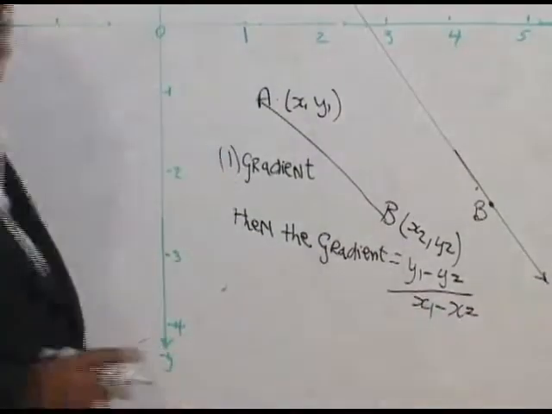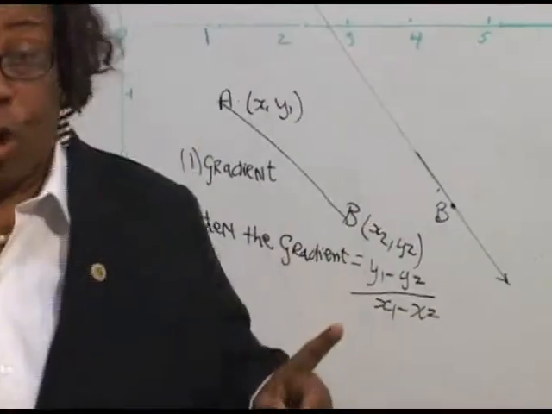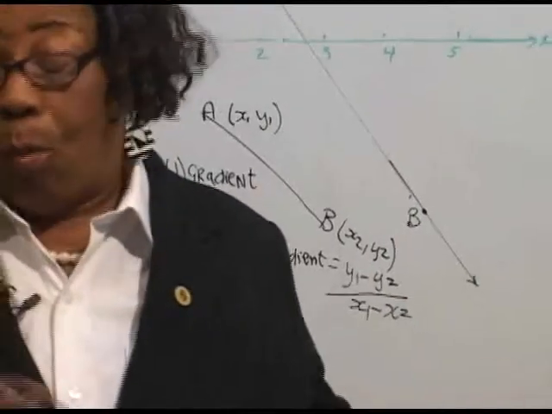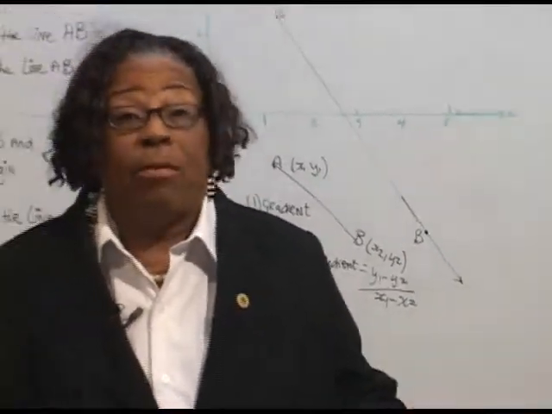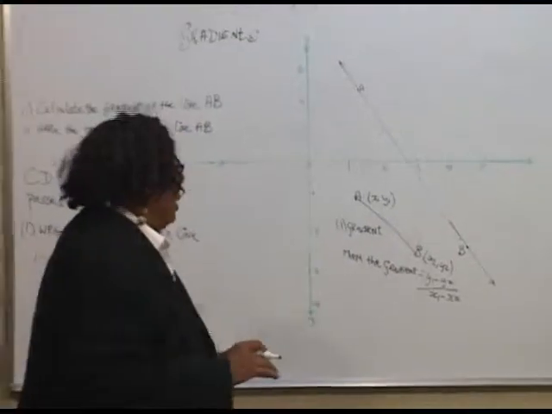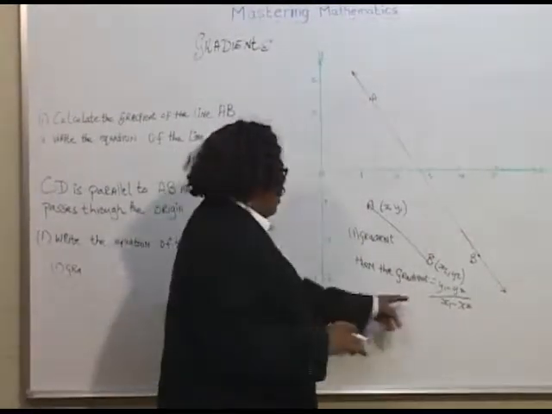So whichever bracket we're going to start with first as our first number, we're going to make that for the y's, we're going to make it the same for the x's. Okay? So that is the first thing that we're having.